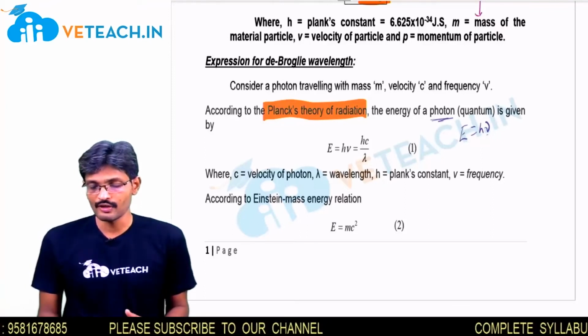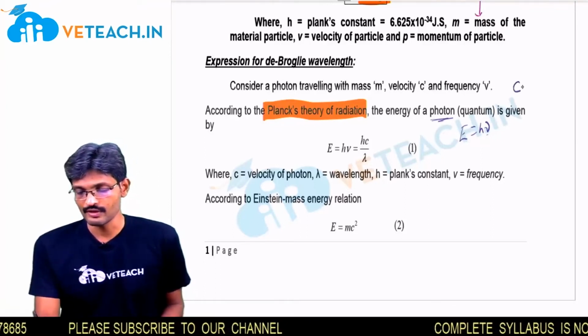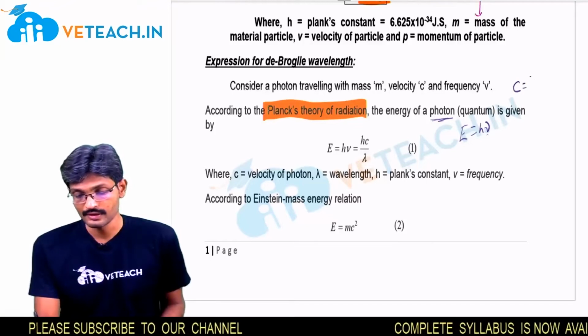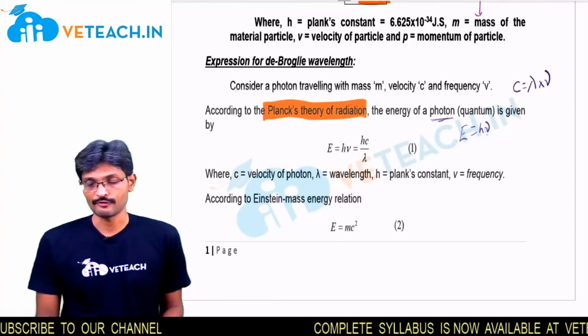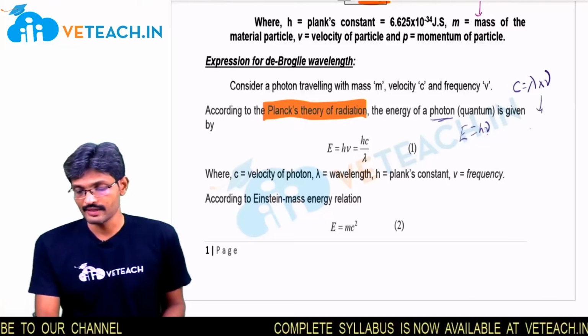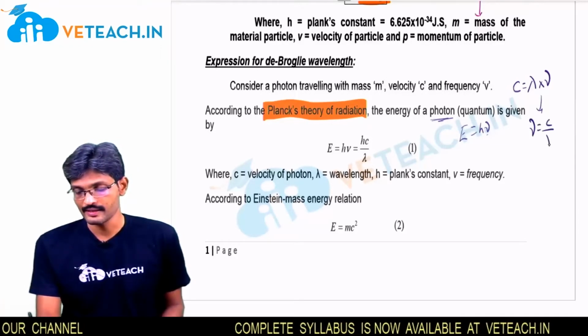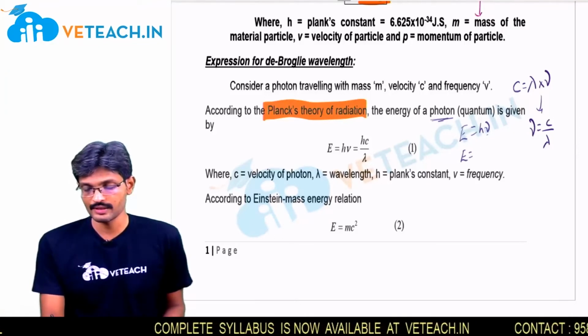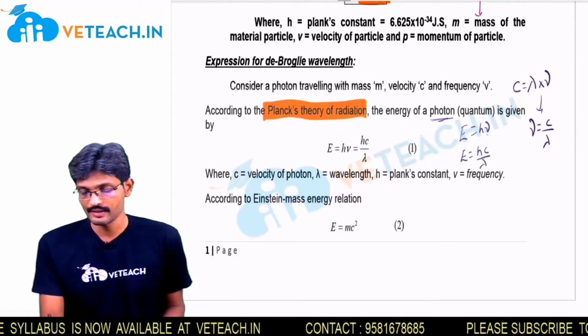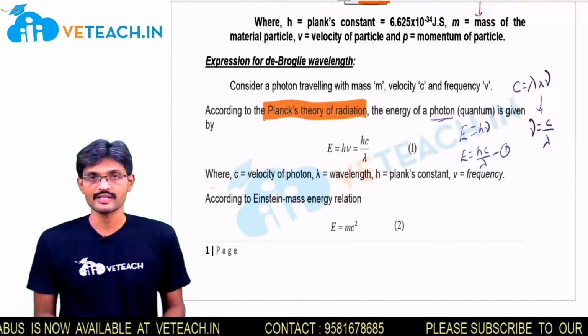The wave velocity or light velocity is c = νλ, the product of wavelength and frequency of the photon. From here, the frequency is ν = c/λ. So, the energy of the photon from Planck's theory is E = hc/λ, and this is equation 1.